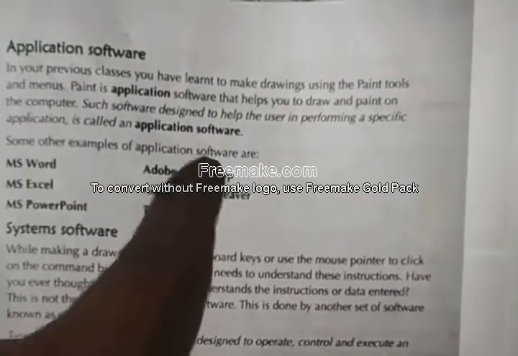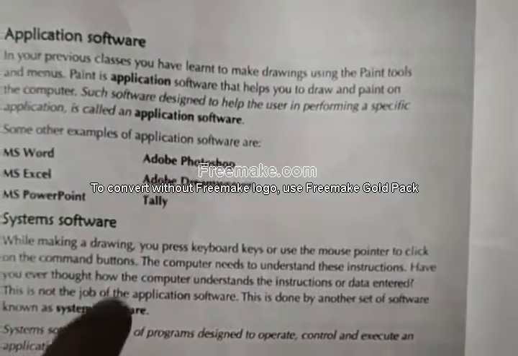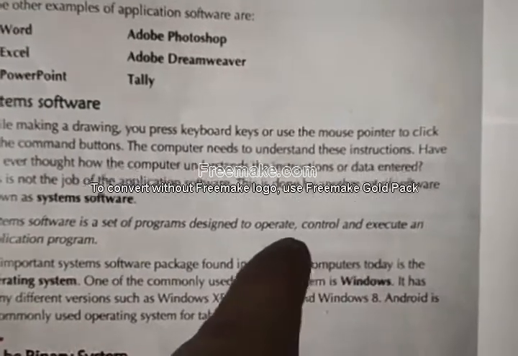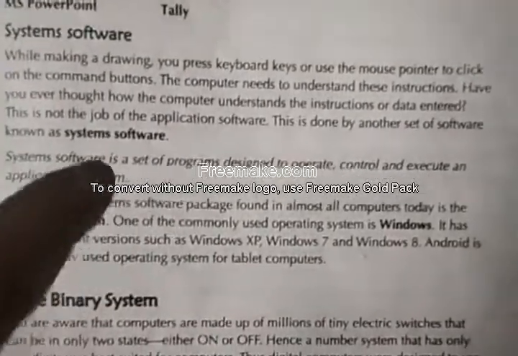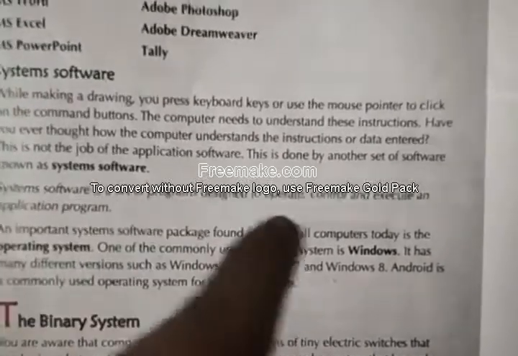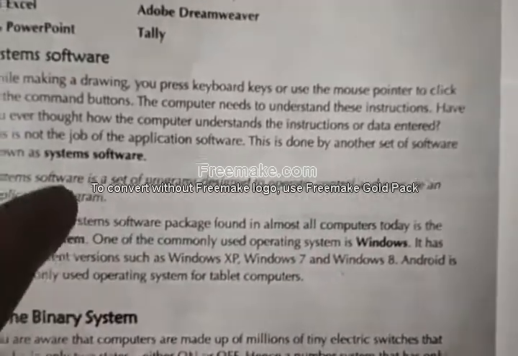From Paint till application software. First point. From system software is a set of programs designed to operate, control and execute application software. That's all. From system software till application software. This one line is the answer.